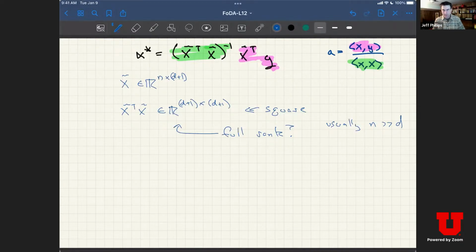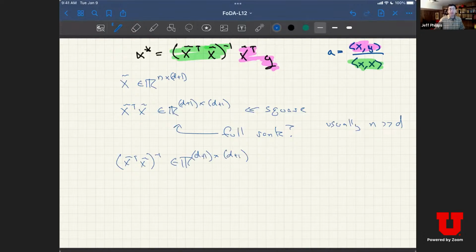Okay, and when we take the inverse, it's still a d plus 1 by d plus 1 matrix, right? So if I look at x tilde transpose x tilde inverse, this is also in R d plus 1 times d plus 1.